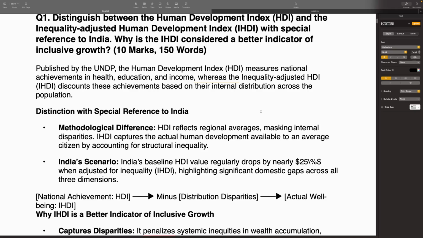IHDI captures the actual human development available to an average citizen by accounting for structural inequality. India's scenario: India's baseline HDI value regularly drops by nearly 25% when adjusted for inequality, highlighting significant domestic gaps across all 3 dimensions.